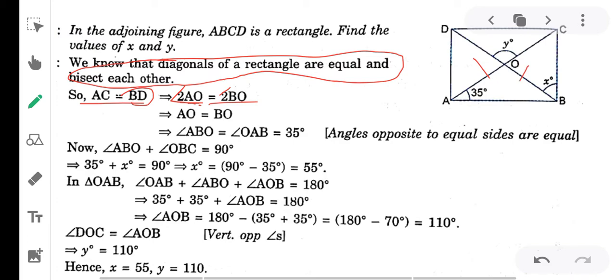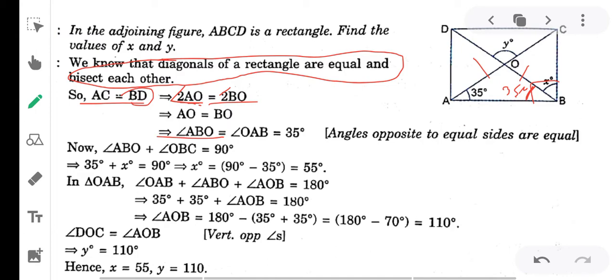If AO equals BO, then the angles opposite to equal sides are also equal, so angle ABO equals angle OAB. Now angle OAB is 35 degrees, so angle OBA will be 35 degrees. Now, as ABCD is a rectangle, angle B will be 90 degrees.